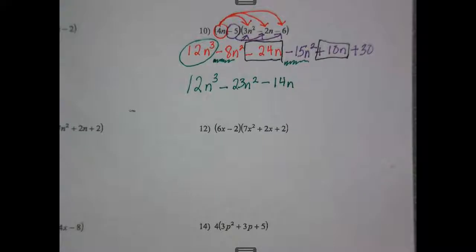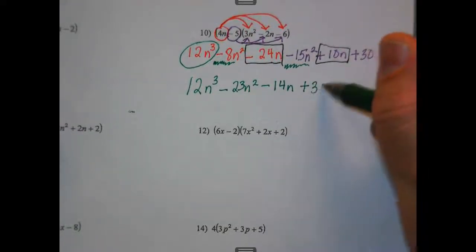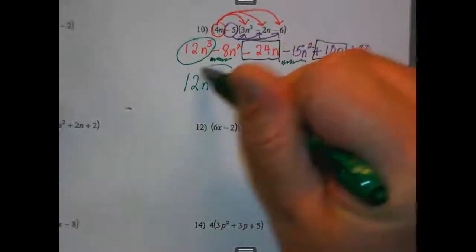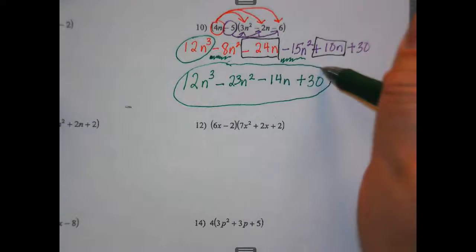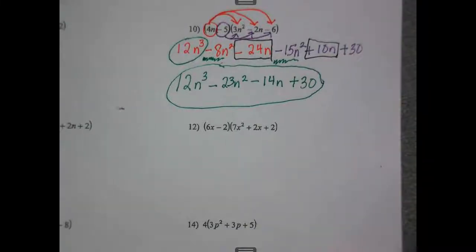And then I have a plus 30. Correct. That was the horizontal distributive method. I don't like it.